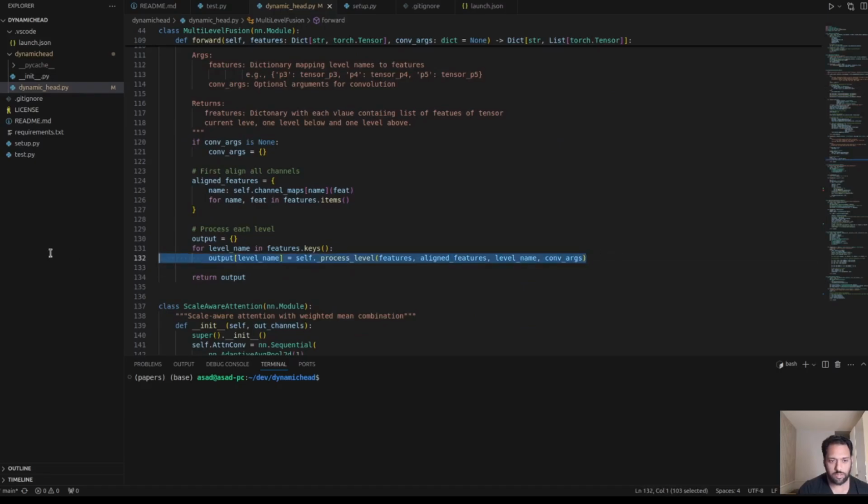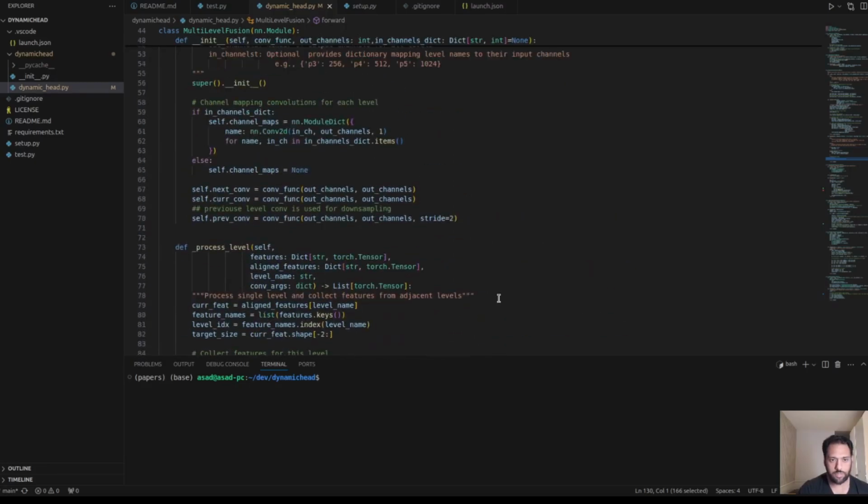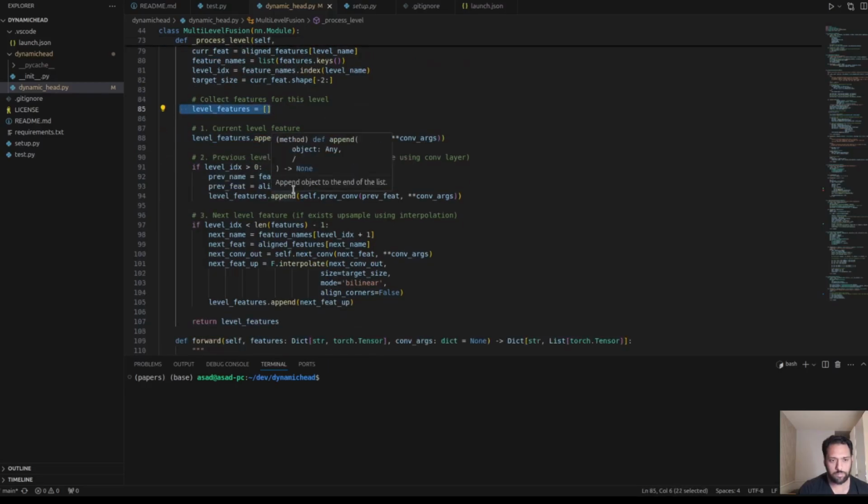The second thing it does is go through each level of feature channel, and it does what I just described in the paper. It goes through each level and appends the current feature to this list. Then it looks at whether it is not at the borders, at the start or the end.